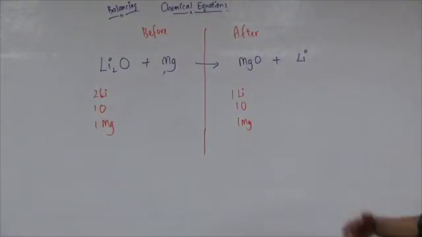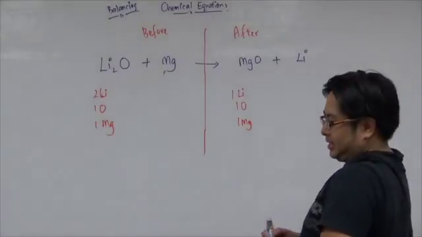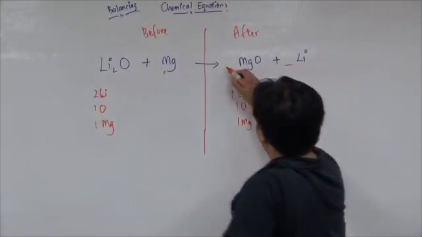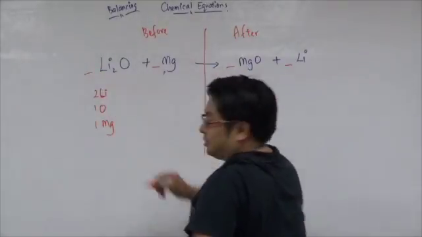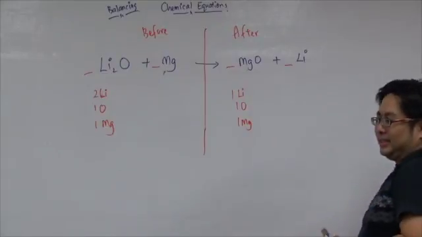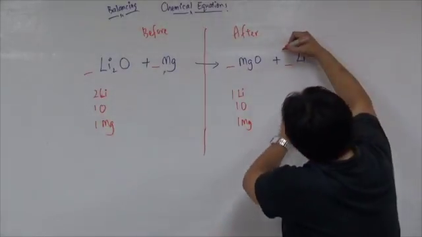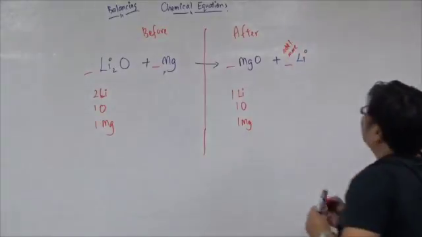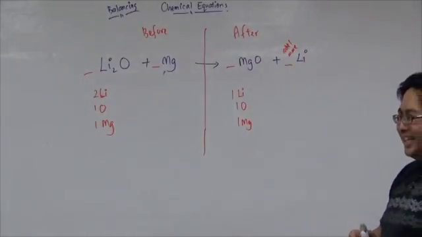So how do you balance it? We add 1 lithium more. Right. So how are you going to add 1 lithium more? You cannot write this. Put a 1 here.